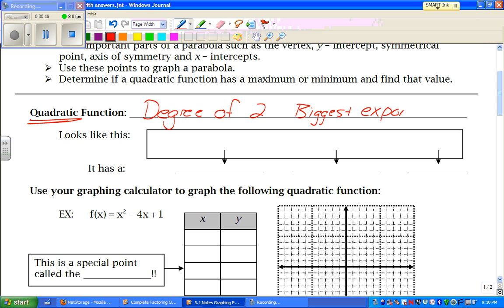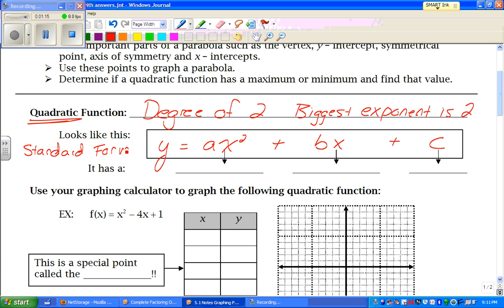A quadratic function will look like this: y equals ax squared plus bx plus c. This is called standard form. So let's make sure we list that again. Standard form.